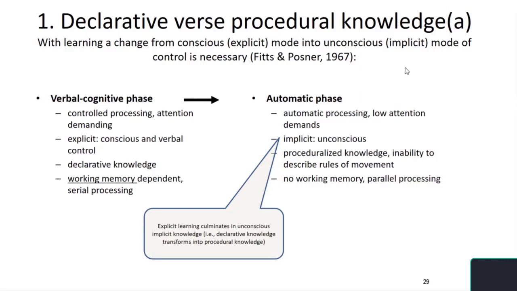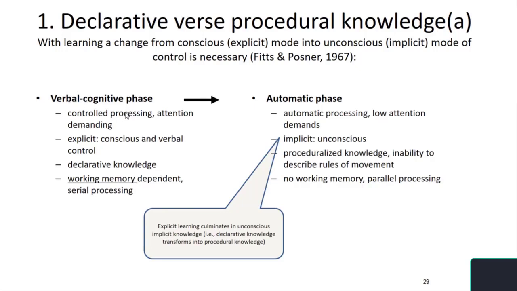So we go from a verbal cognitive stage to an automatic control stage, where the rules and processes that underlie successful control become unavailable to our consciousness. And we can characterize these phases as follows.